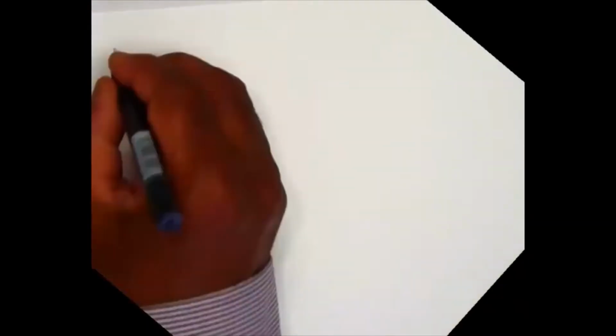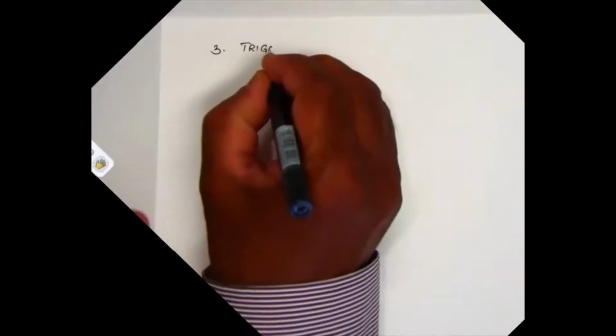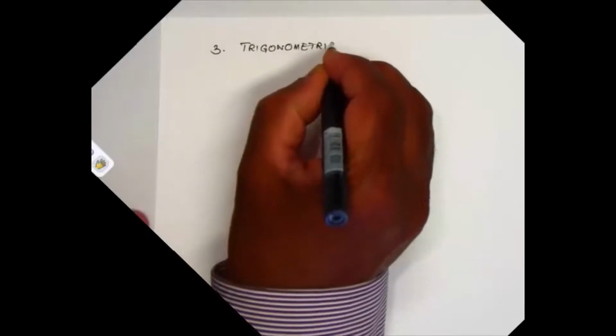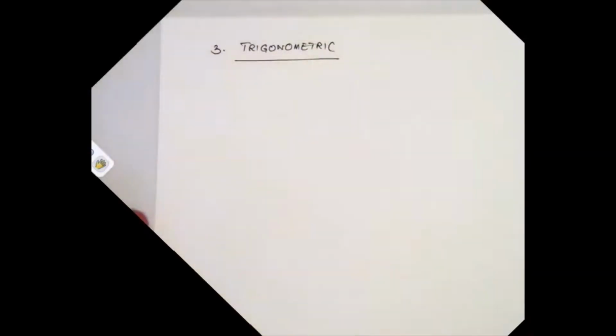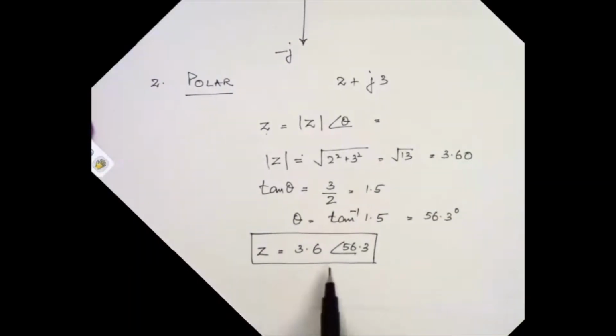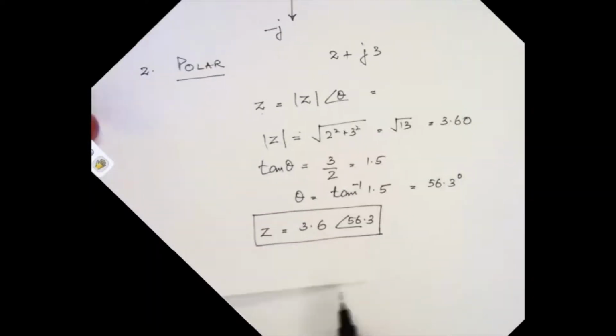Next, we will define what is the trigonometric interpretation. So in trigonometric interpretation, which is similar to this polar form, which is a sort of a breakaway from the polar form.